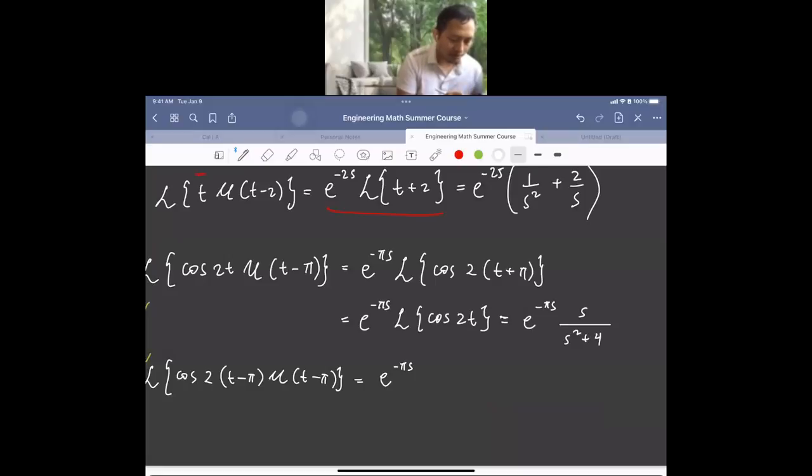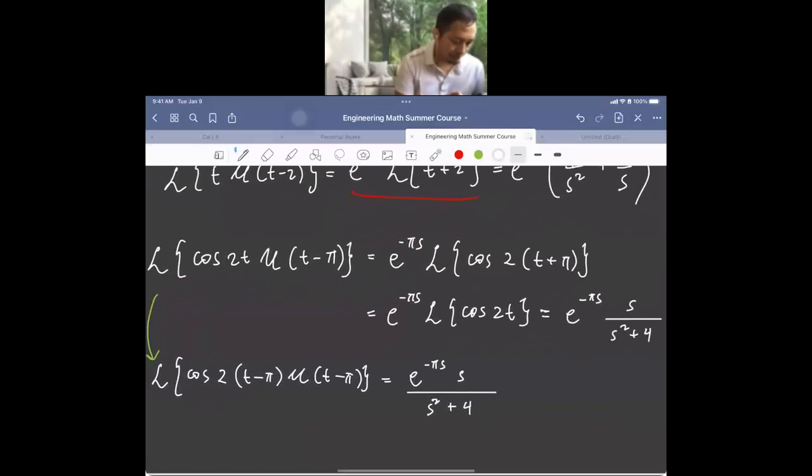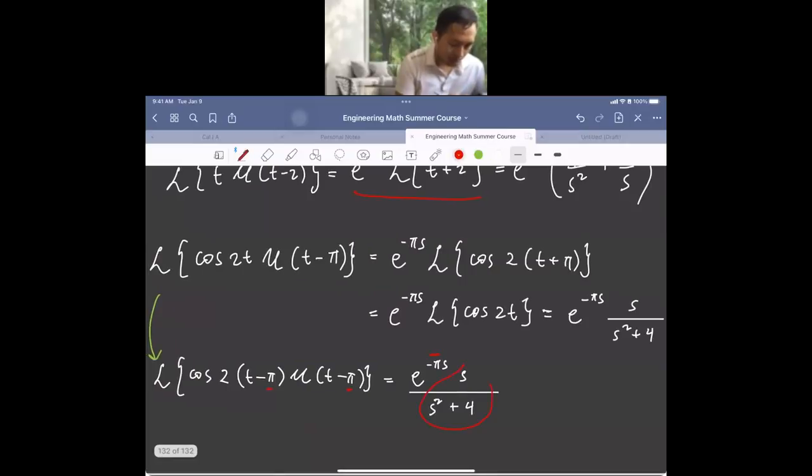This is the same as s over s squared plus 4. So this is the translation by pi, and this s over s squared plus 4 is actually from Laplace of cos 2t.